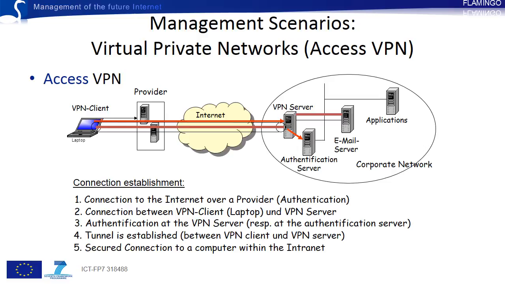In the second step, the VPN client connects to a VPN server, where the client has to supply the authentication data for the VPN server. Step 3. In the fourth step, the tunnel between the VPN client and the VPN server is established. After the tunnel is established, a secured connection between the laptop and the corporate network is possible.